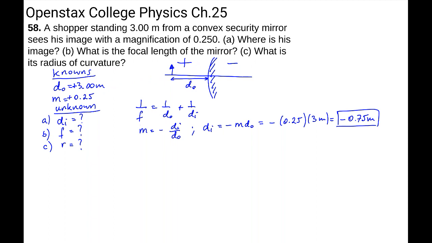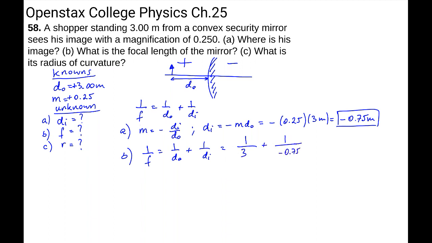Now we're looking for the focal length. So we have object distance and image distance, so we just use 1 over f is 1 over do plus 1 over di, and that is 1 over 3 meters plus 1 over negative 0.75 meters.